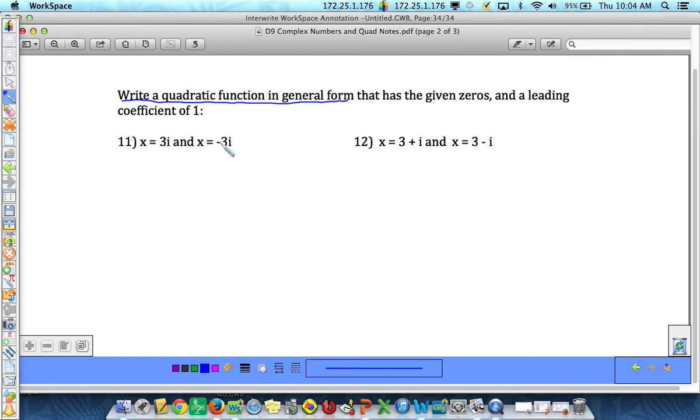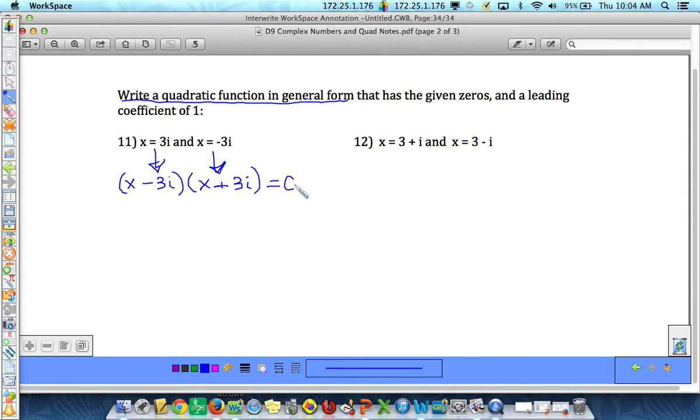If we know the solutions, we should be able to write our equation in factored form. If this is my zero, then the factor that would give me that zero would be x minus 3i. Because positive 3i would make this equal to 0. And the factor for this zero would be x plus 3i.